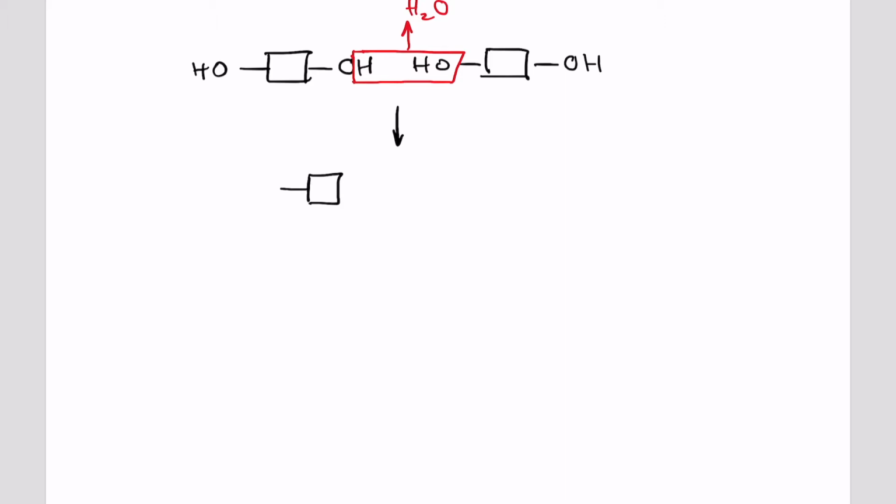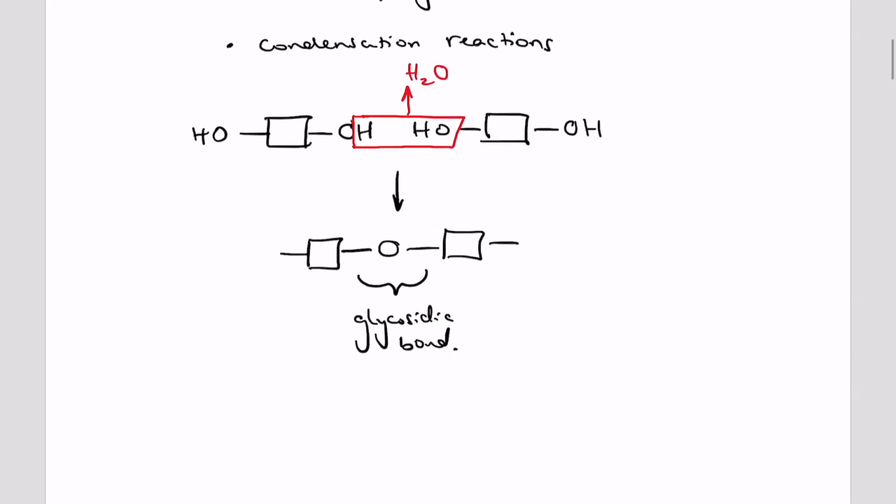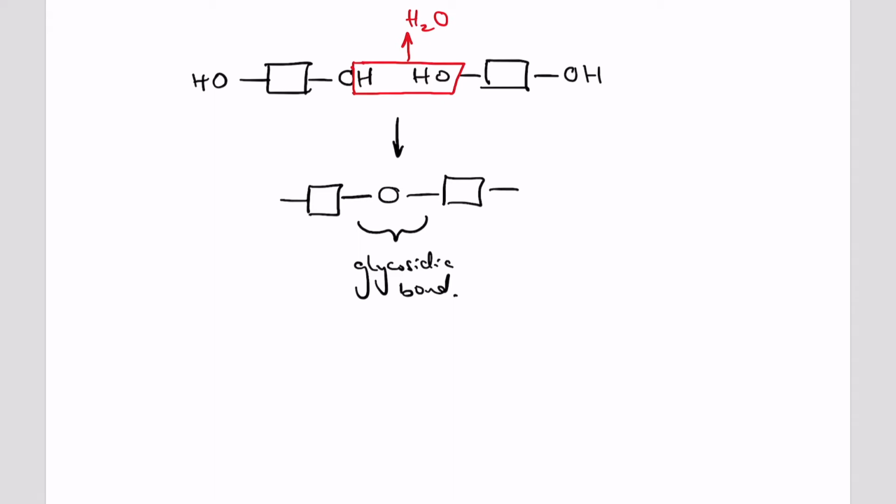In this case, the chemical bond is going to be a glycosidic bond. That's because I'm referring to carbohydrates specifically, but the name of this bond and the way this bond is formed, the specific groups that react to form this bond, change depending on what monomers are involved.